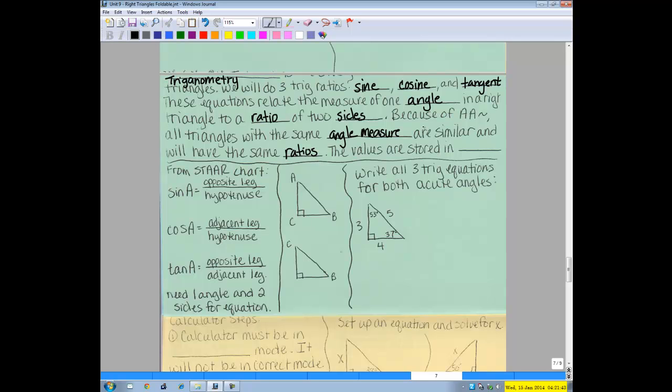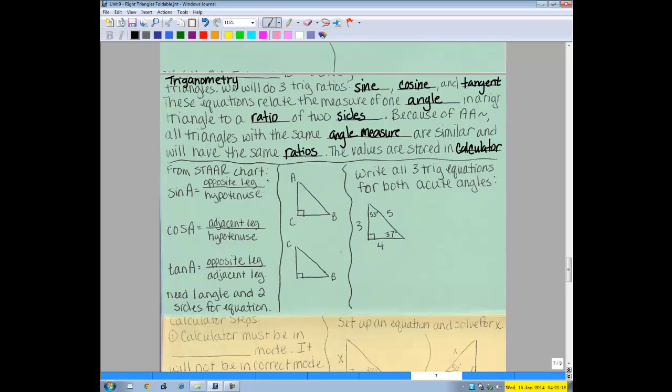The values are stored in the calculator, so we will have to use our calculator. So this is what they give you on the STAR chart. They tell you that sine of A is opposite leg over hypotenuse, and that cosine A is adjacent leg over hypotenuse, and that tangent of A is opposite leg over adjacent leg. So you will always be given this stuff so that whenever you take tests, I don't expect you guys to memorize it ever.